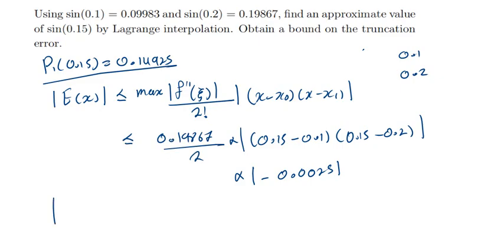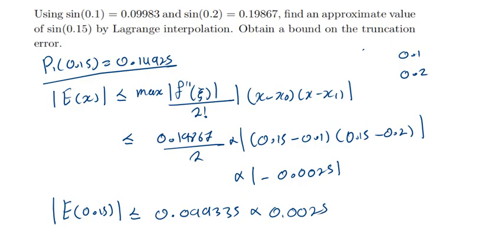So this can be written as the error, where you put 0.15 in place of x, less than. Let me see what I get. 0.19867 divided by 2, I'm getting 0.099335, multiplied by the positive 0.0025.